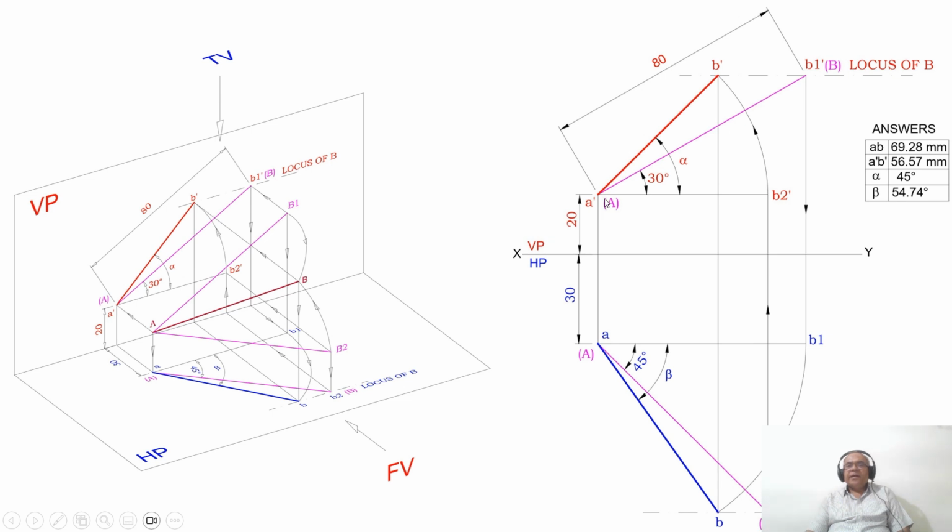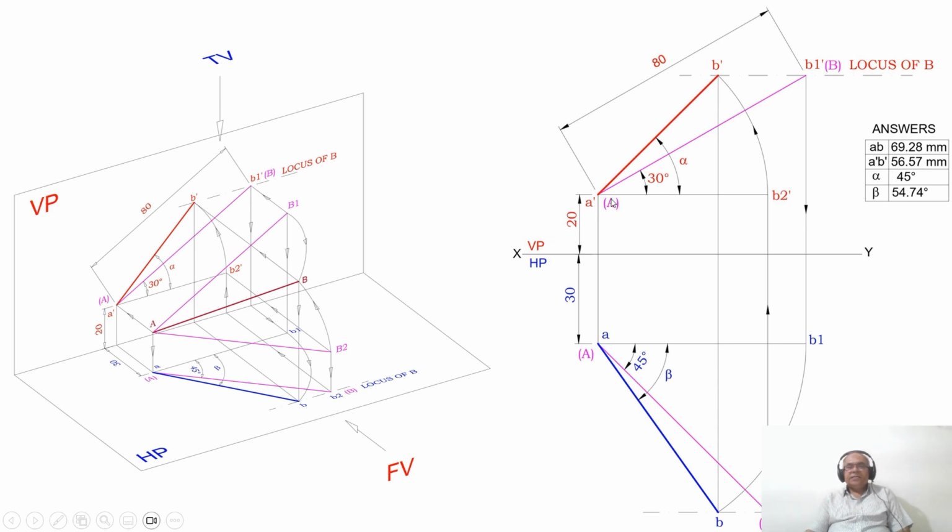By using the protractor, you measure this angle alpha, which will be equal to 45, and beta, which is equal to 54.74 degree, and AB will be equal to 69.28. AB means what? The length of this AB is 69.28 mm, and the length of A dash B dash will be 56.57 mm.